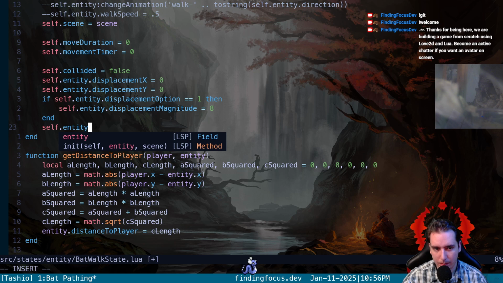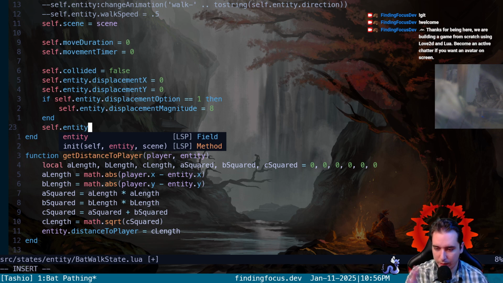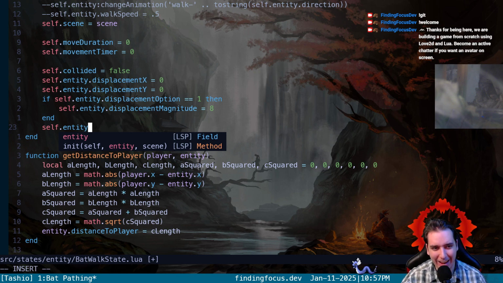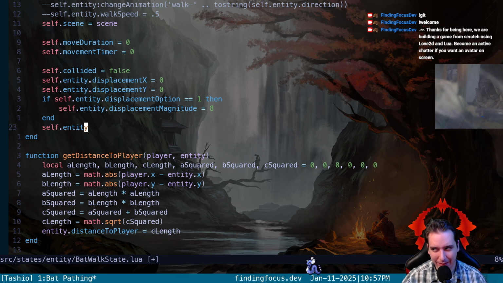So it'll go from 0 up to 8. When it hits 8, it'll go back down to 0. So no. We need it to go negative because we want it to wiggle. We don't want it to just wiggle to the right and back. We want it to wiggle past. Because if we're moving directly diagonal, ideally we want it to be kind of zigzag diagonal. I feel like we want it negative. Maybe we try it positive and see if I'm just imagining stuff in my head.